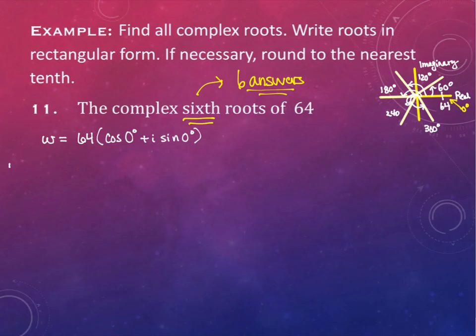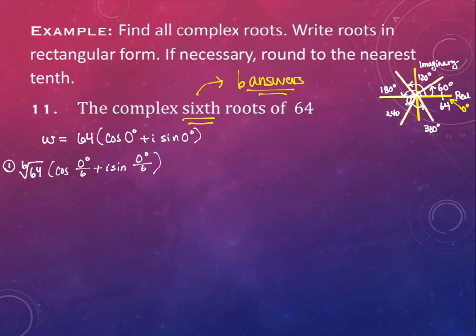So finding our roots, let's find our first root. They're all going to have sixth roots in them. So it's the sixth root of 64, which we recognize as 2, but I'll write it this way to make sure that if you see something later that's not quite so friendly, you know what we did with it. And then we have cosine, and we take that first angle measure, which is 0, and we divide it by 6, and i sine of 0 divided by 6.